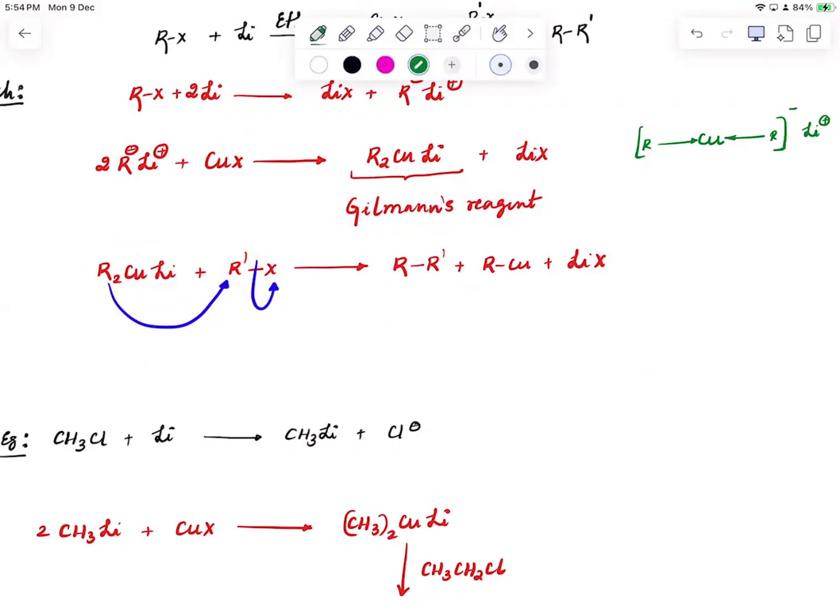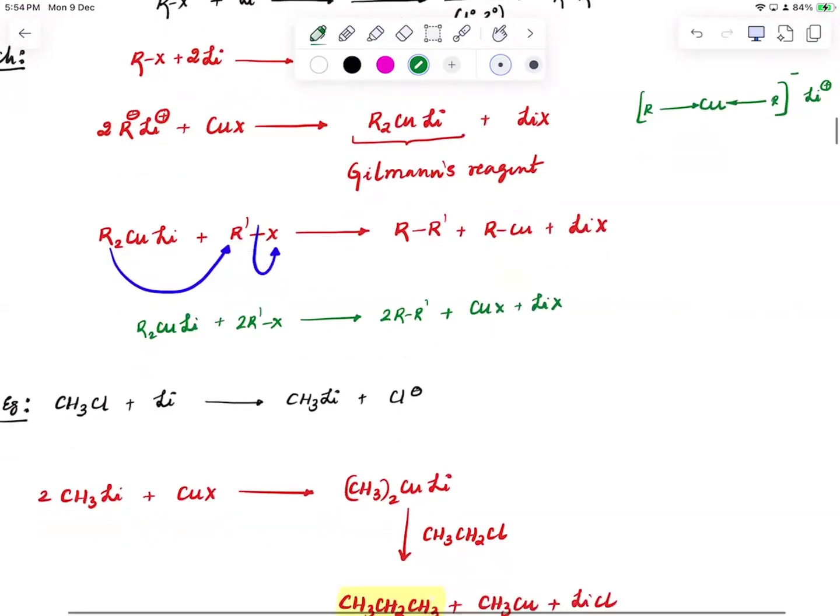If I take 2 moles of R'X with R2CuLi, then we'll get 2 moles of R-R', plus the Cu will become CuX here and lithium will become LiX here. So that's how you get the product. Got it?